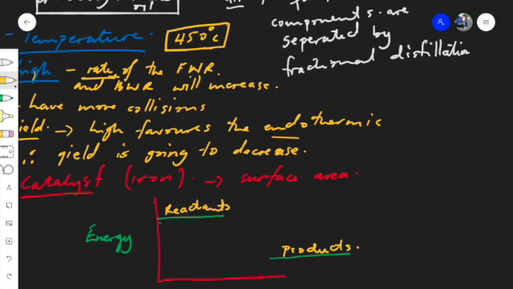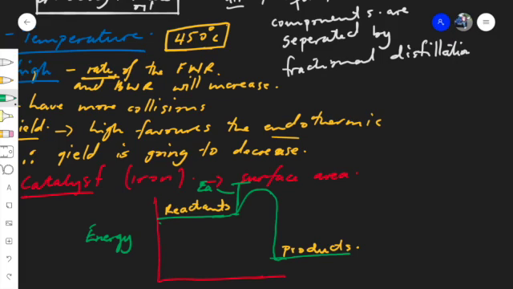And what happens is that you obviously will need this, which we already know is your EA. Your EA is your activation energy. You remember that the EA is the energy that is needed for a reaction to start.